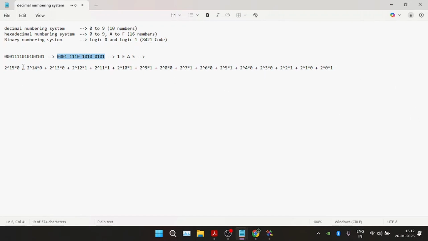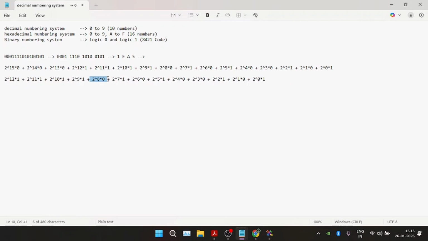Now since the 15th position is 0, the 14th position is 0, the 13th position is 0, and the 10th position followed by the 8th position, 6th position, 4th position, 3rd position, 2nd position, 1st position, all these are zeros, I can eliminate all those values.